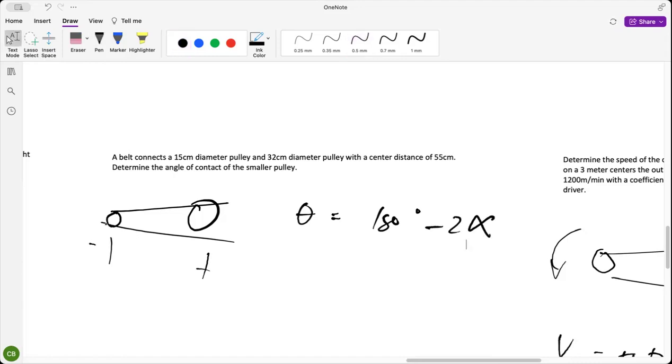Okay. So in order for you to get the alpha, sine inverse D2 minus D1 over 2C.